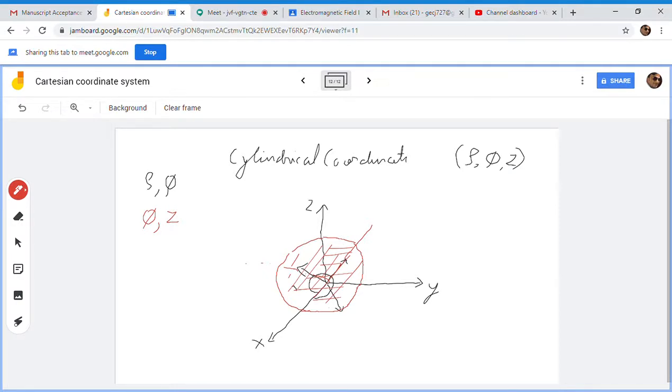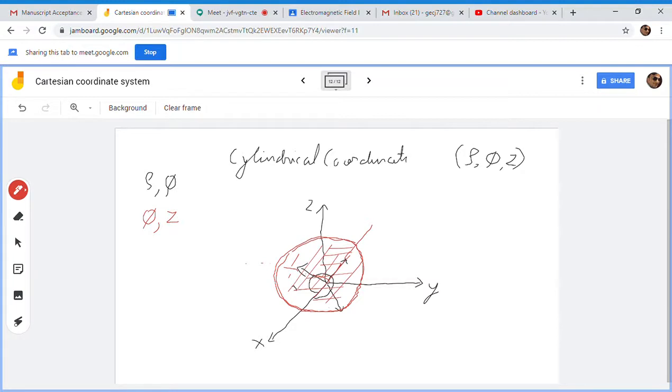Rho will not vary, only phi and z will vary; you will not move in the rho dimension. So you get just a circle, not a disk. And this circle is completed when you move phi from 0 to 360.